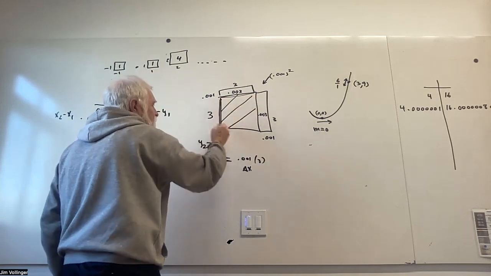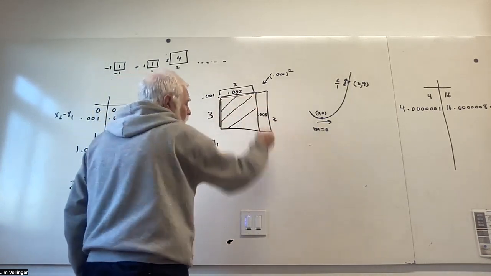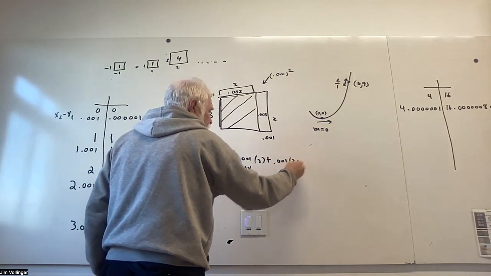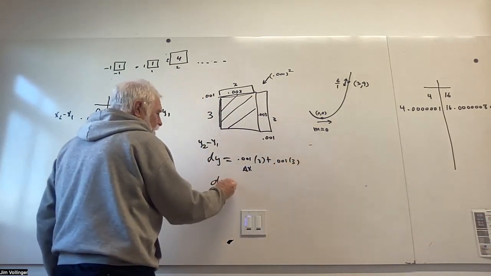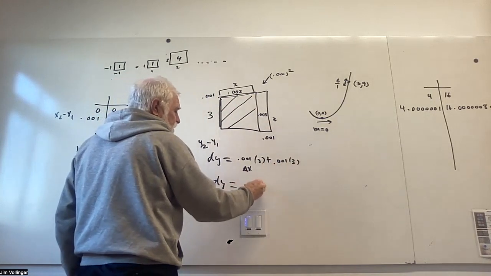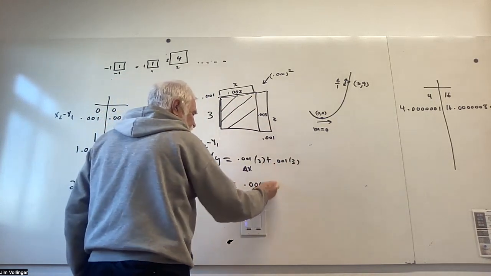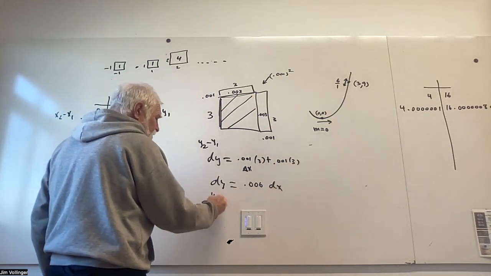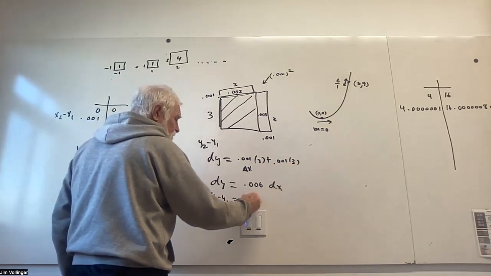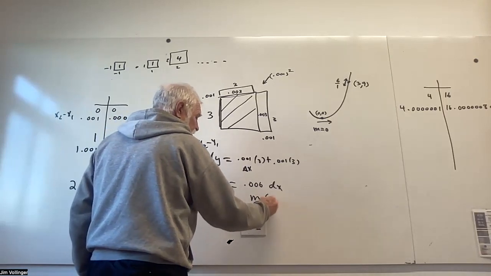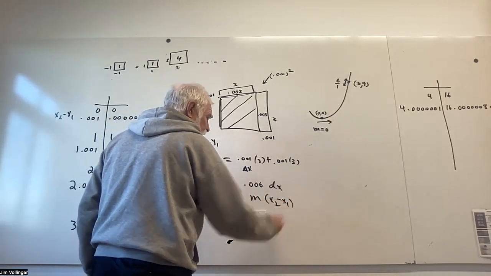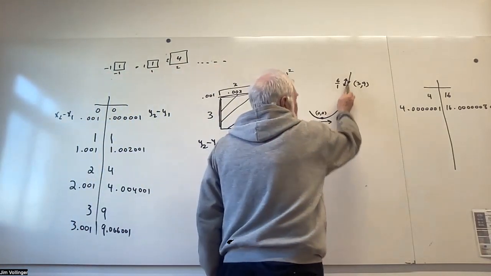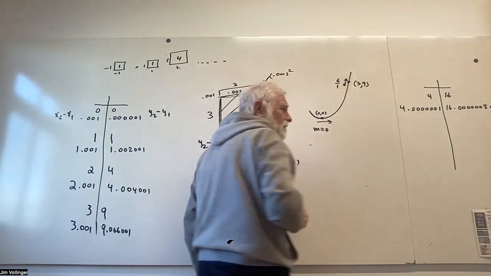I can show you here easier. Right? And there's 2 parts to it: 0.001 times 3. And that change in y is equal to 0.006 times that change in x, which kind of looks like y2 minus y1 equals some multiplier times x2 minus x1. And when you zoom in on a curve, it looks linear.